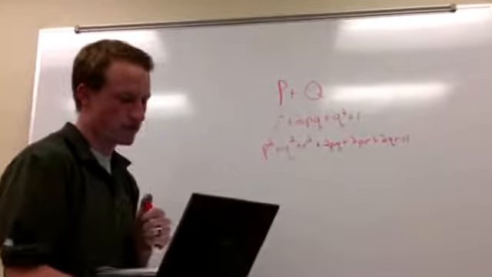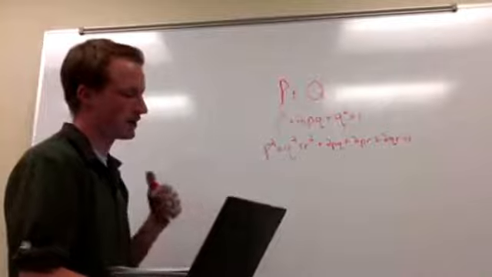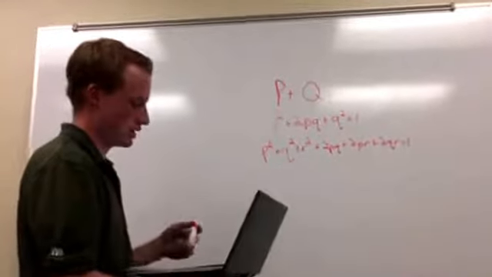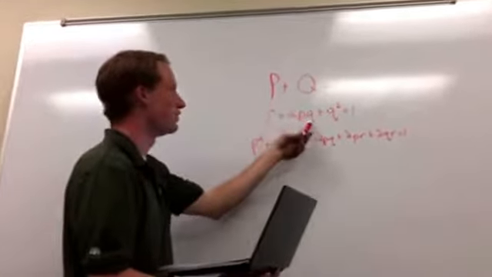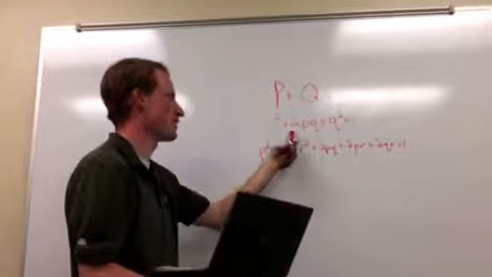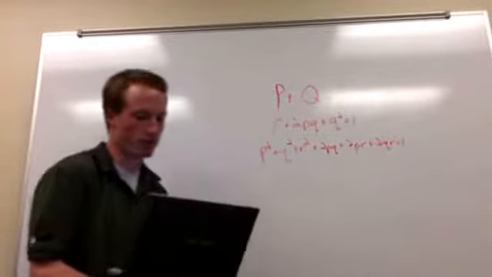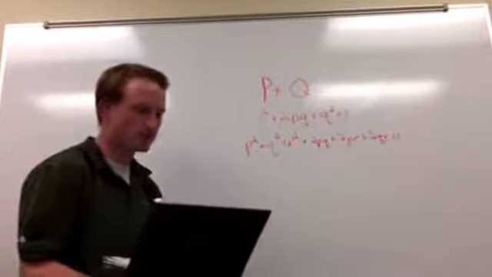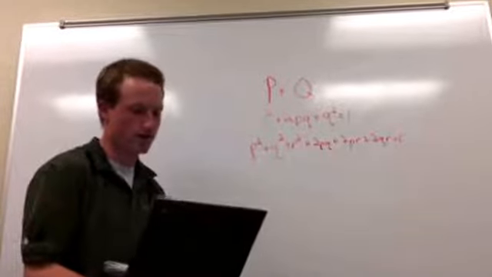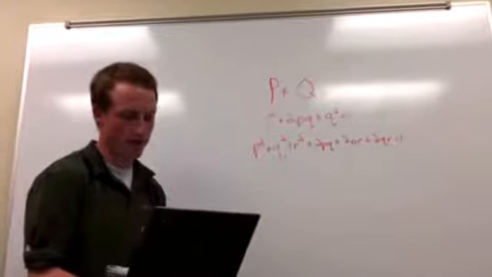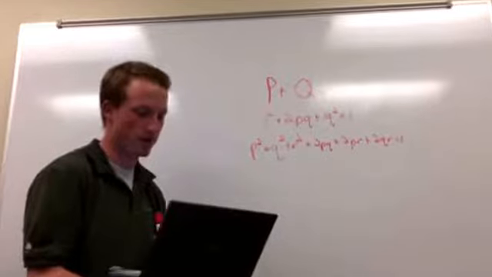The term that represents the IA and the IB genotype is going to be right here, 2pq, because this is a heterozygous genotype that we're looking for. The next one, B, says DiGeorge syndrome is an autosomal dominant disorder that affects 1 in 4,000 individuals in the human population.